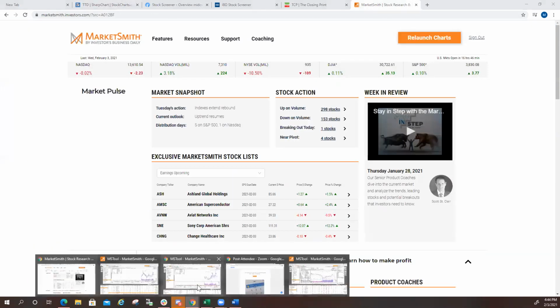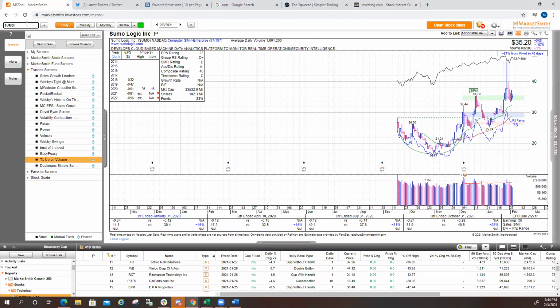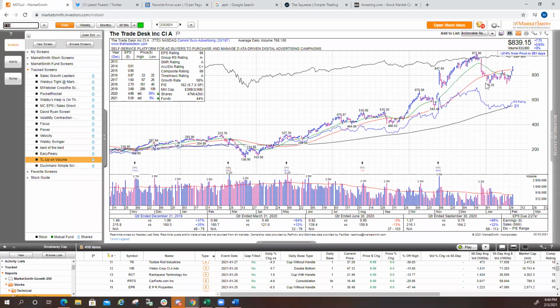So another great thing about MarketSmith is they have pattern recognition. As you can see, they show a cup here on Sumo, that was just a cup without a handle, and that gives you the pattern recognition. So we can look at TTD. Whoops, I'm not sure if it's even actually building a base at the moment. Let me see. So pattern recognition is not even saying a base on the daily and the weekly.